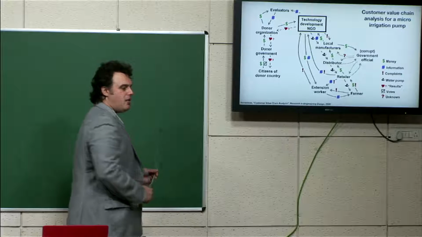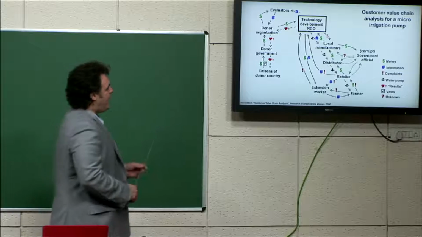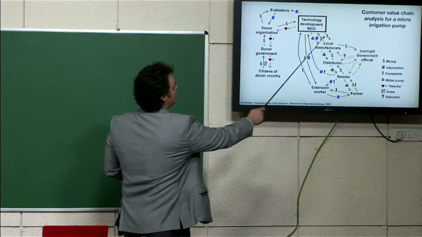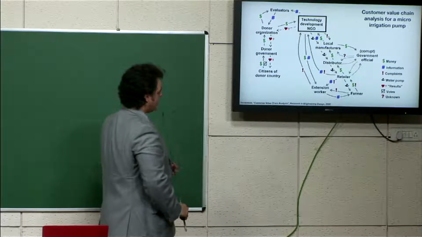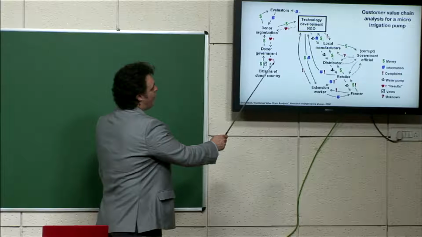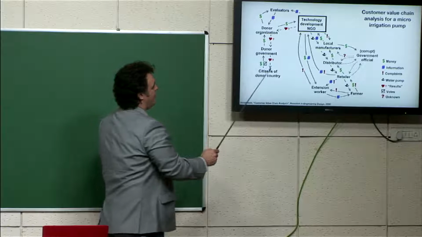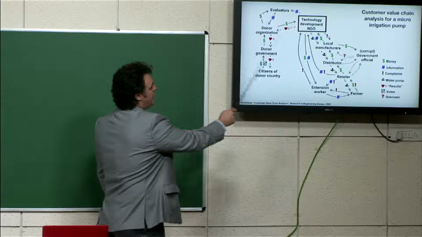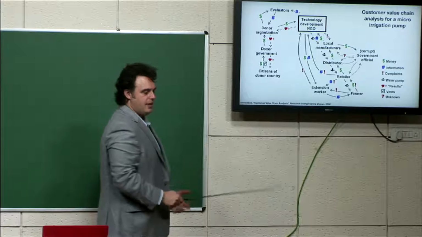It was about a small irrigation pump in Africa. They were looking at this NGO, this non-governmental organization, that would ideally make and sell this. And they had to think about the flow of money, the flow of how people care about the product, numbers of products, et cetera, and all these different stakeholders that are involved in the decision and the dissemination of this product.